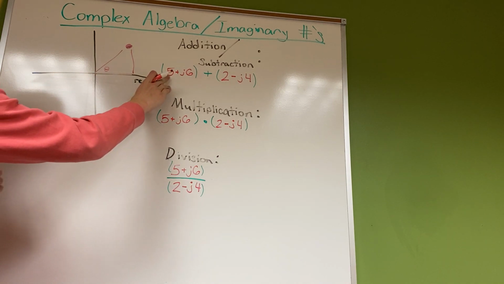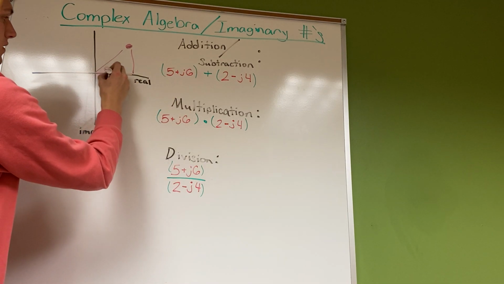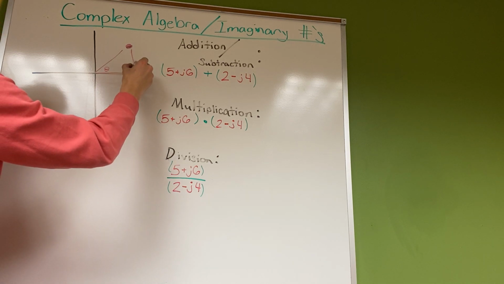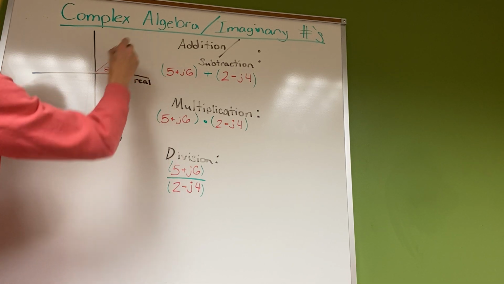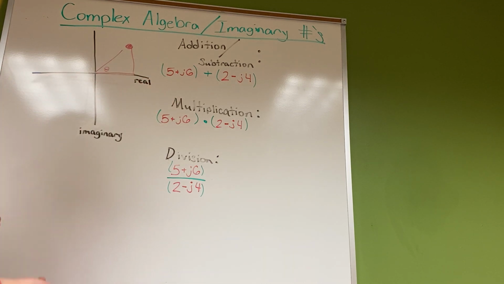So for example, if I have 5 plus 6j, I'm going to have 5 as a scale for my real numbers, and on my imaginary, I'm going to be all the way up at 6. Okay? I could also find that number in polar just by doing some simple trig.